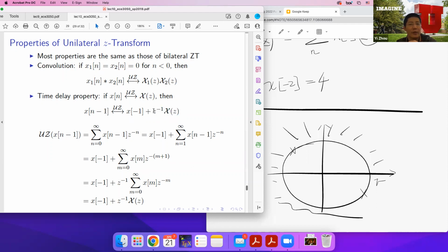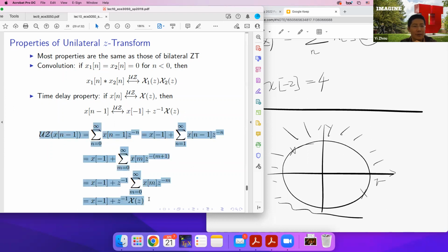So this will give us a z to the power of -1 factor in the z domain, as well as an additional term that depends on the initial value. This is not the initial value, but the value at -1. And this is how we derive this.